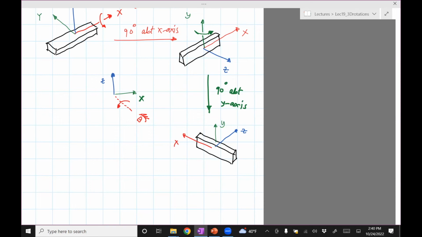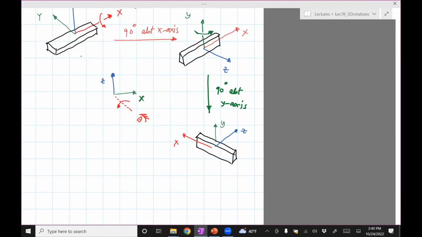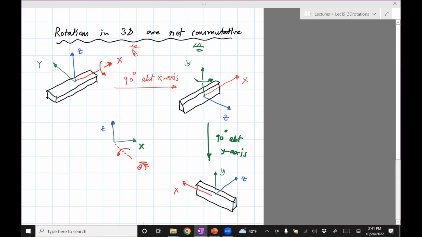Let's reverse the order. Let's rotate about the y-axis first, then about the x-axis. So rotate by 90 degrees about the y-axis. You're looking at it from here.